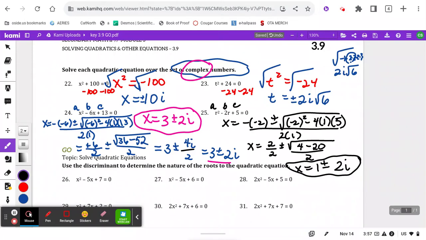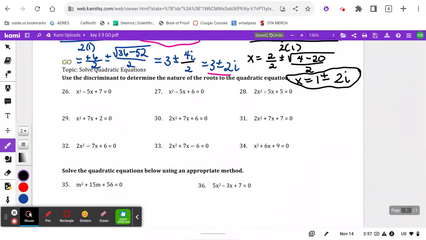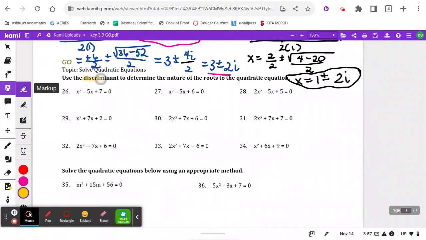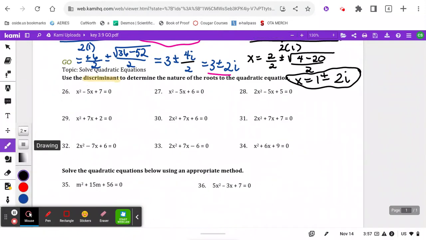Okay, so the top ones wanted a full solve, but this next section only wants the discriminant. And the discriminant from today's notes was just the part of the quadratic called b squared minus 4ac. So when you get a, b, and c on these, you're only plugging in to the b squared minus 4ac. And if we get a positive discriminant, or greater than 0, there's 2 real roots.